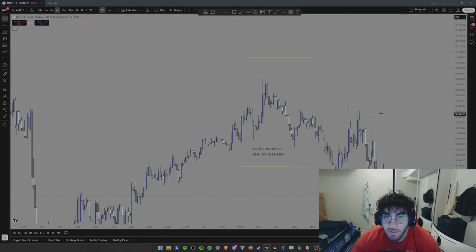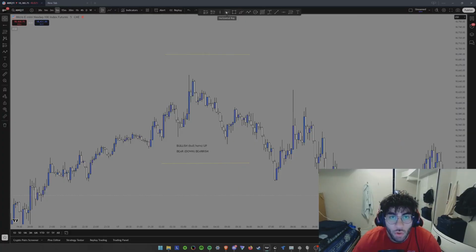So essentially, in this 4-hour range, we opened right here at this price level of 18,538, but then we closed right about, where's 6 right here? We closed right here at 18,567.